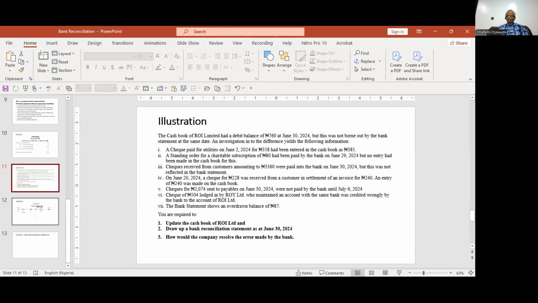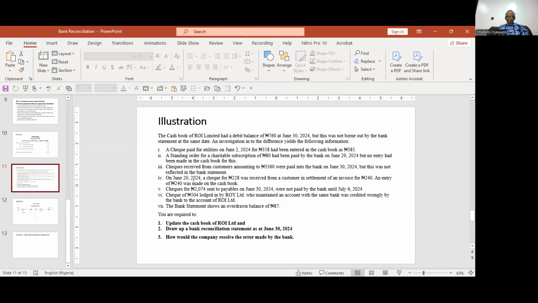So you come back to this. This time around, this will not affect your cash book. You posted it correctly, so it is the bank that is yet to give you credit. So this is called uncredited lodgement. These are uncredited lodgements, because checks received from customers were paid to the bank, but the bank hasn't credited you. So please take note of that, because it's going to be part of your reconciling items.